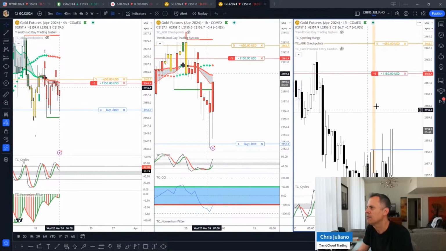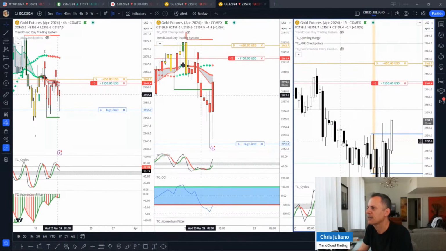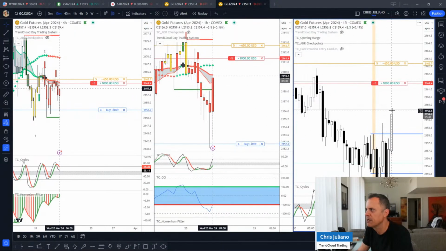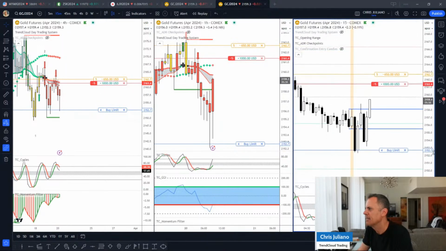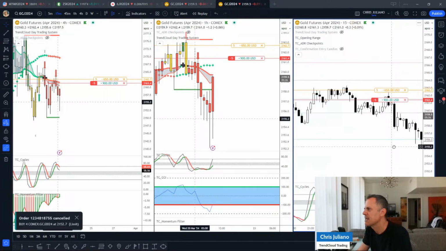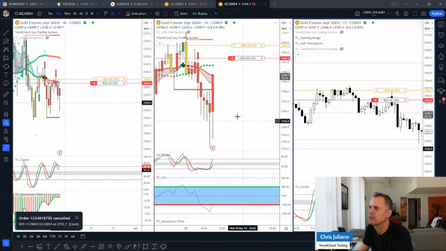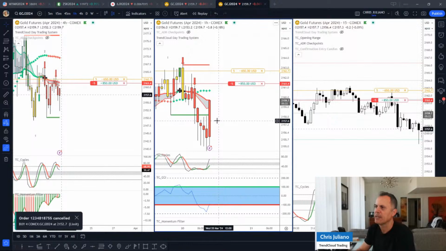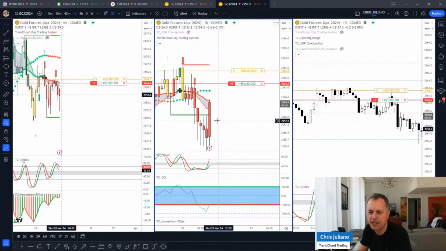But look at all the profit that got given up, right? When you don't scale out of the trade, look at all the profit that got given up. We had all 5 contracts right here at a level, and the trend is reversing on us.